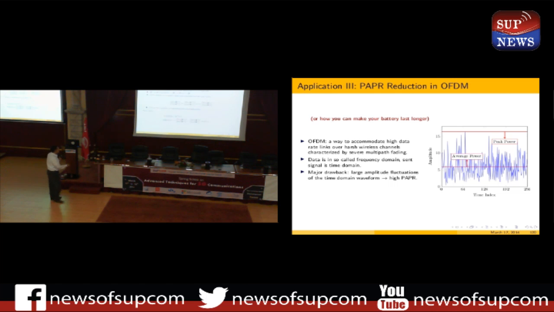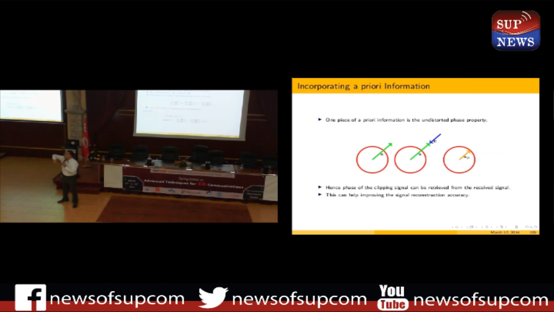So when I solve this problem now, I will already know the phase because that corresponds to the phase of the received clipped signal. And I can incorporate it here, so I no more need the whole of C, I need only the magnitude of C. Of course, this is a complex system of equations. So what that means is that I can increase the number of equations, right?